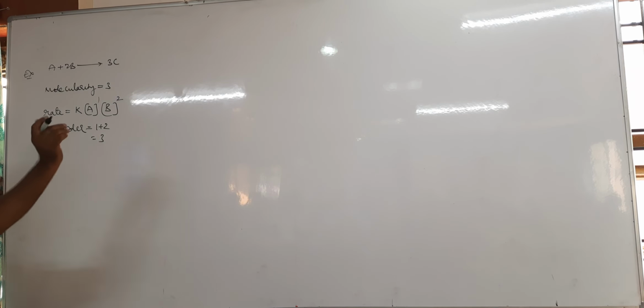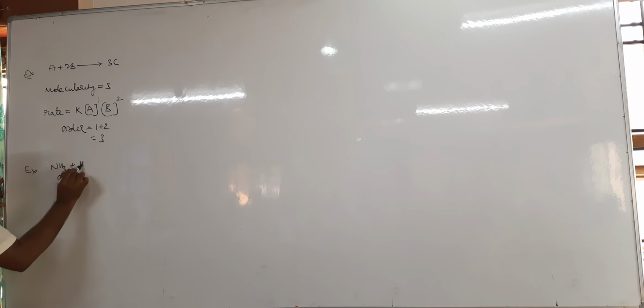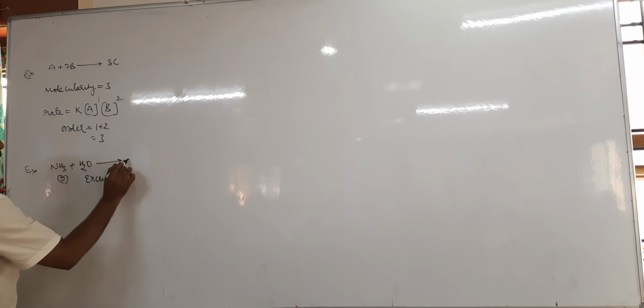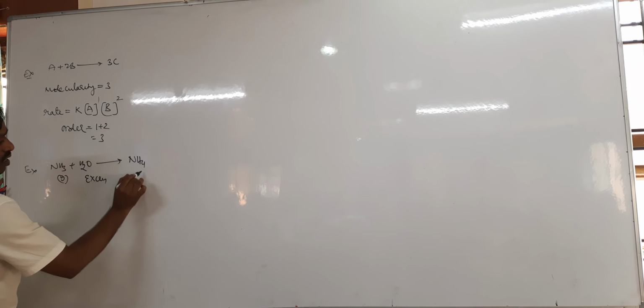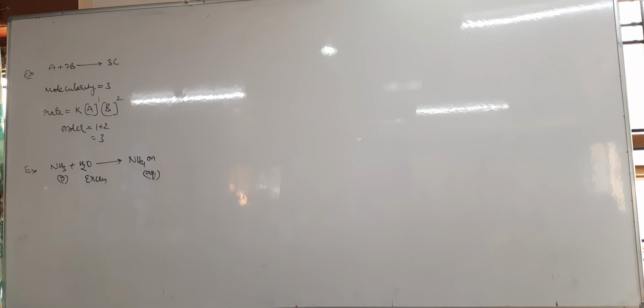Next, one example. Ammonia gas plus water, in excess, gives rise to ammonium hydroxide. It is an aqueous medium. Tell me what is the order of this reaction? 1 or 2? Why? You need to first write the rate law.